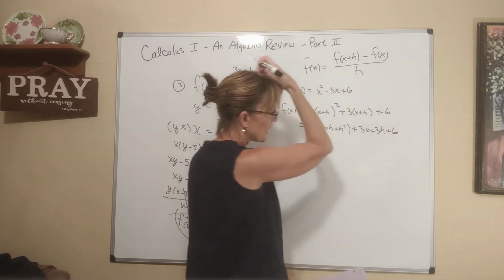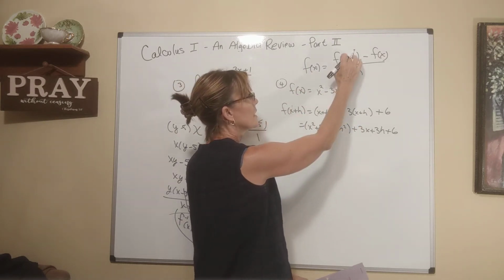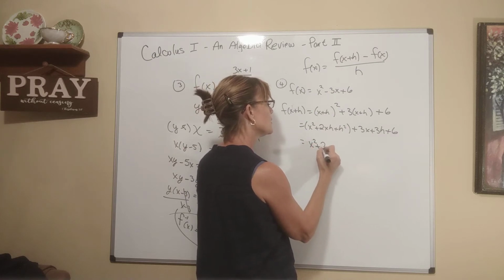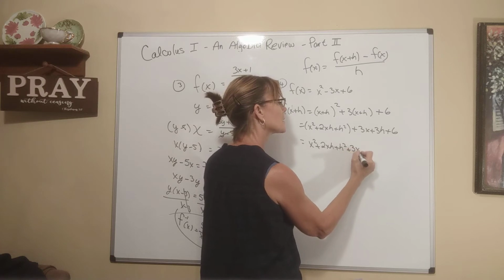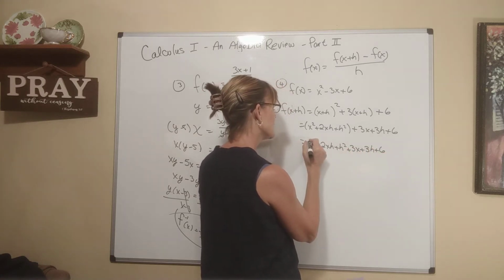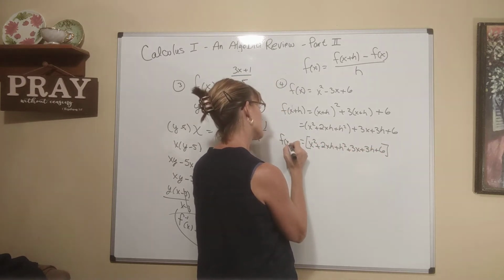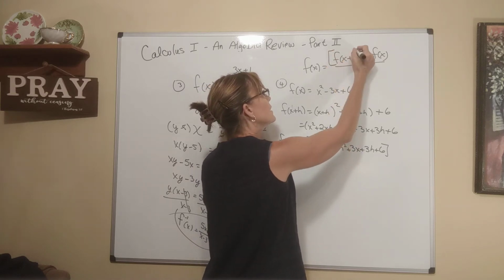I just distributed that. So over here, this is kind of my scrap work where I'm figuring out what f of x plus h is. So this is going to be x squared plus 2xh plus h squared plus 3x plus 3h plus 6. All of this right here is what f of x plus h is, so all of this is what I'm going to put in for this.